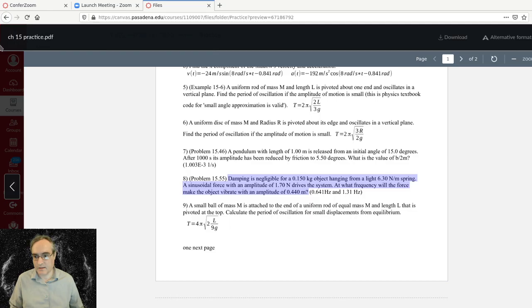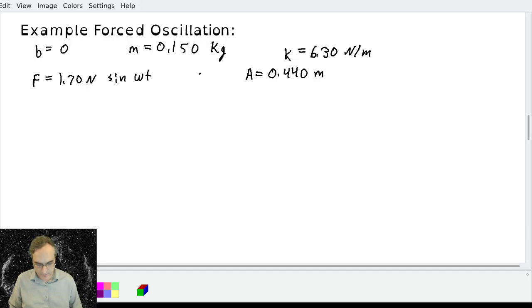All right. So let's see. It is saying frequency, so we should probably talk about how omega is 2 pi times f. Omega naught for a mass on a spring would be the square root of k over m.